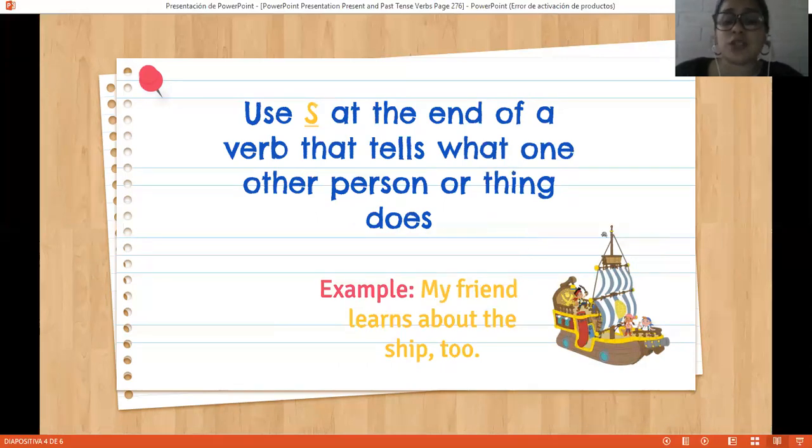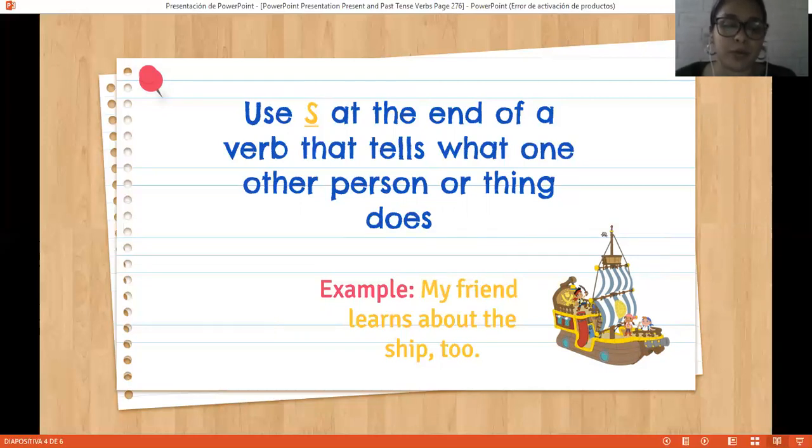This will be the present also, what somebody is doing in that moment. If you talk about someone else, a third person, you can add S, okay? The example is, my friend learns about the ship too. The verb here is learn, but since they're talking about the friend, you add S to the verb, okay?